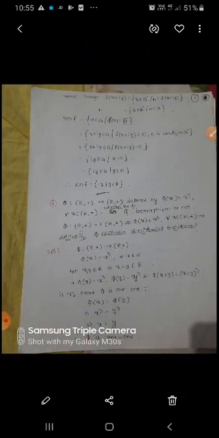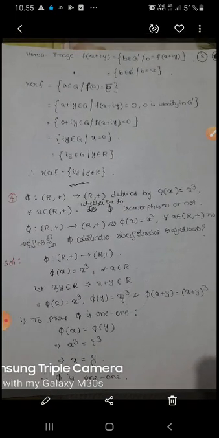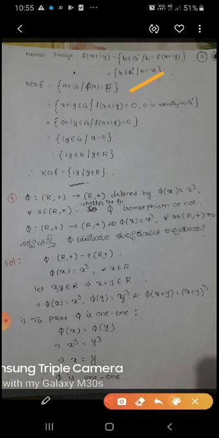Now we will find ker f. Homomorphic image = {f(x + iy)} = {b belongs to G' such that b = f(x + iy)} = {b belongs to G' such that b = x}. So ker φ, by the definition, = {a belongs to G such that f(a) = e'}. So a is x + iy.